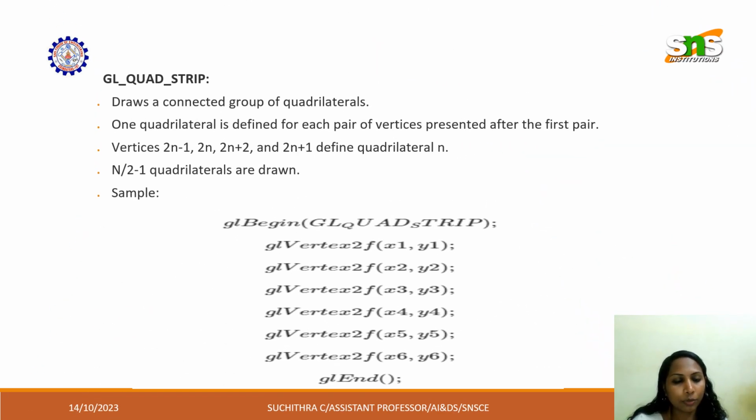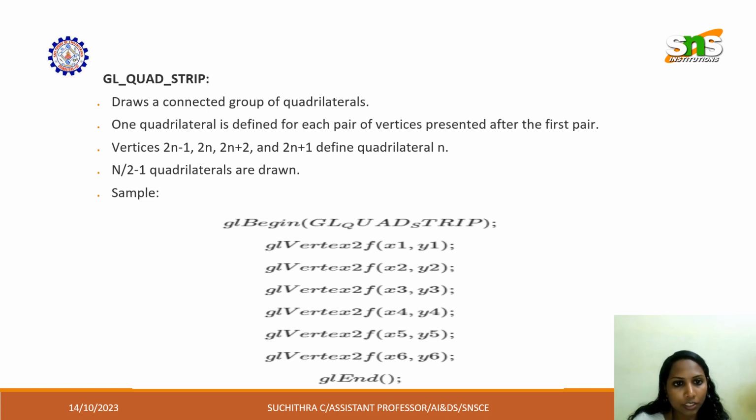Next we are going to give the quad strip. Here we draw a connected group of quadrilaterals. One quadrilateral is defined for each pair of vertices presented after the first pair. Vertices 2n-1, 2n, 2n+2 and 2n+1 define quadrilateral n. n/2-1 quadrilaterals are drawn.